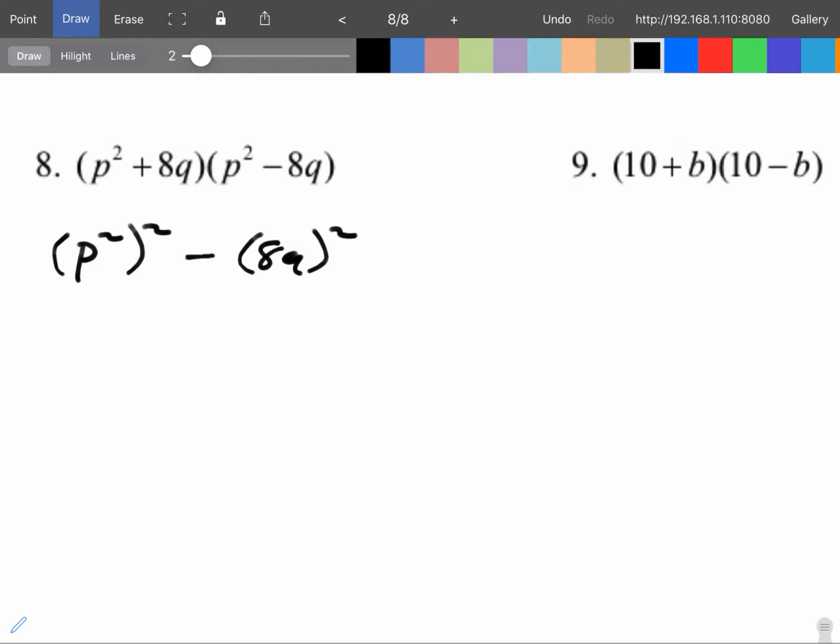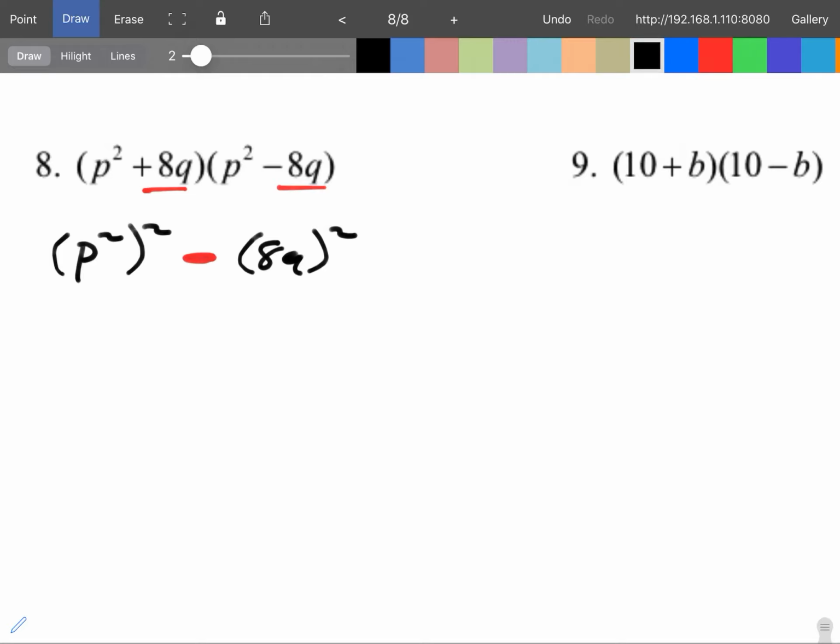And you know that it's going to have a minus in the middle, right? Now, where does that minus come from? Well, that minus comes from when you multiply these two together, the positive 8q times the negative 8q. And then you would do 8 times 8 and q times q, which would be 8q squared, right?